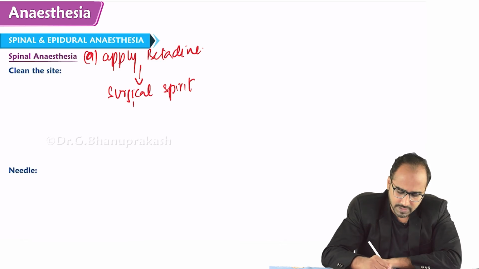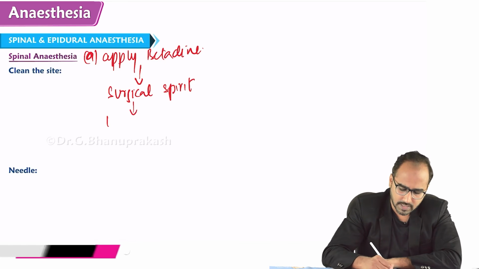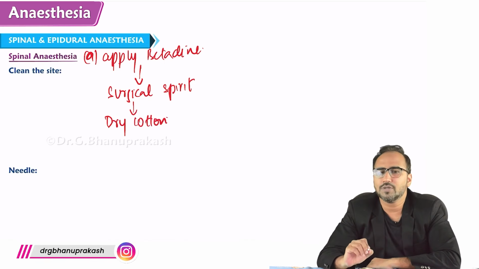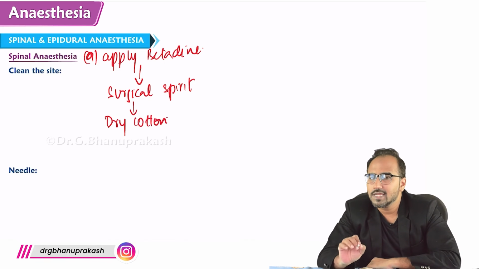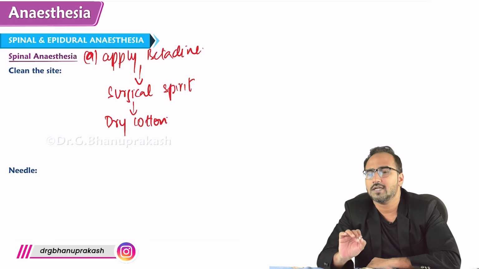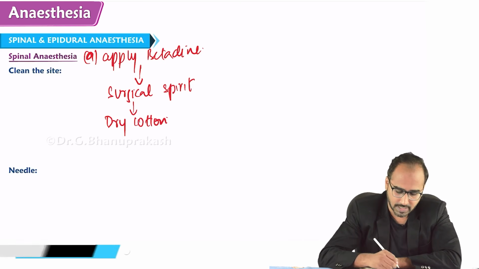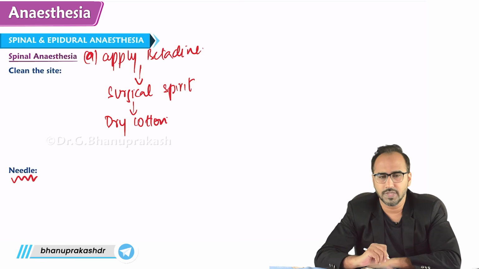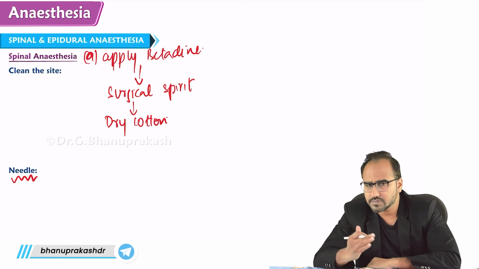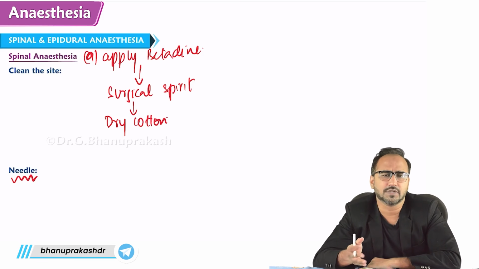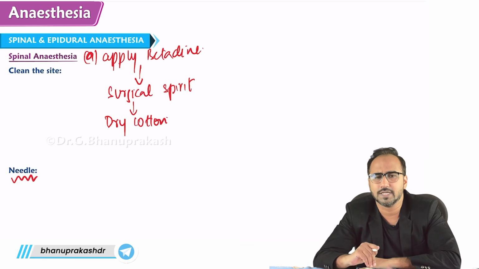After application of surgical spirit, we apply dry cotton. Now the area is totally ready to receive the spinal needle. So the next step, the fourth step in spinal anesthesia, is the needle. No one will ask you the chronological order of the steps, just for your remembrance I am telling, okay?